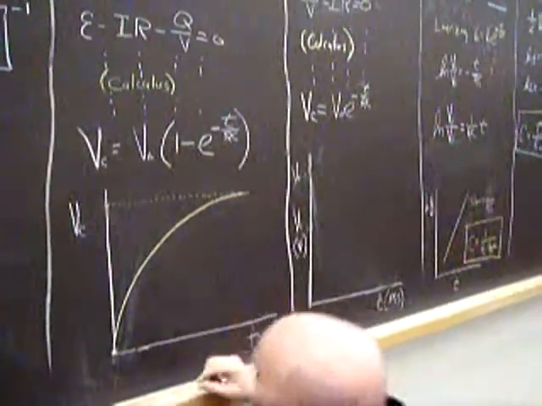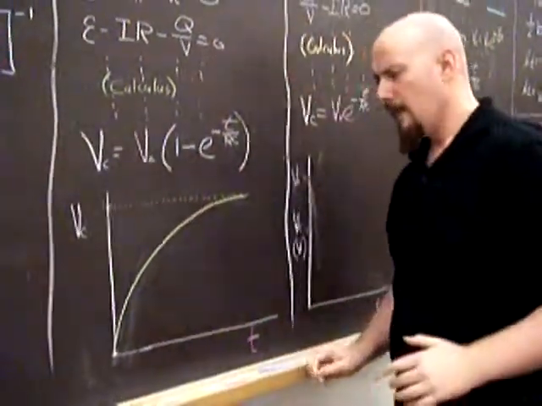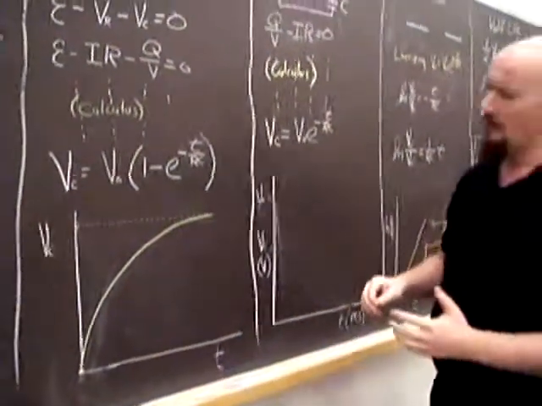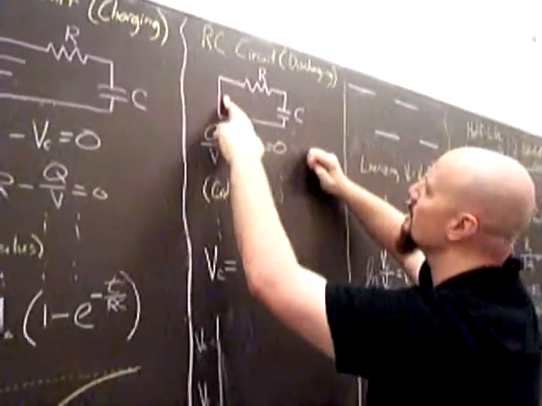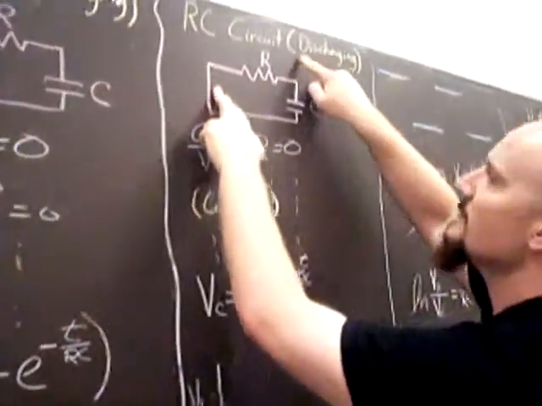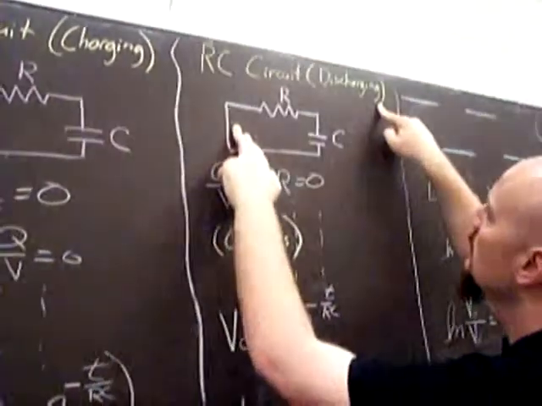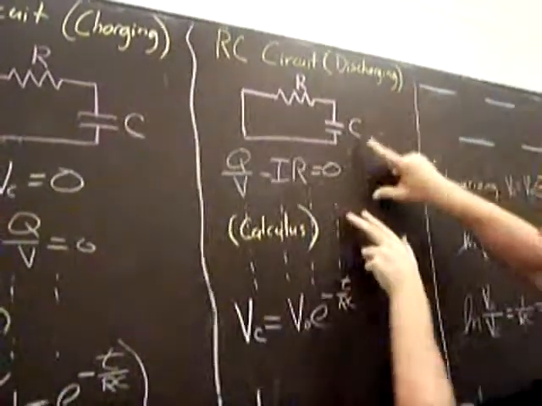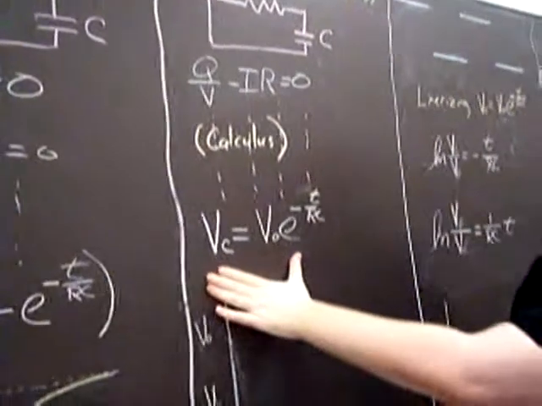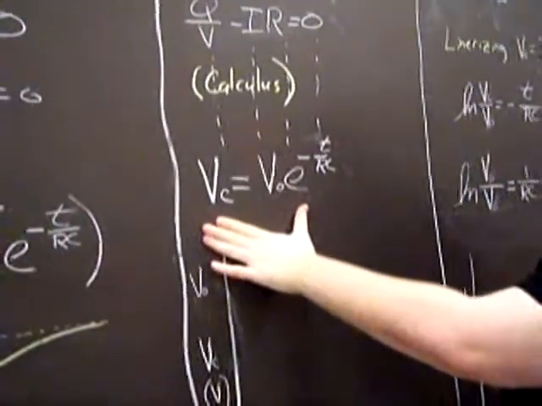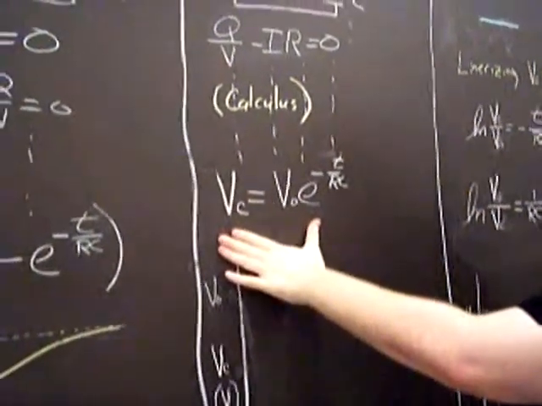All right, then suppose that we turn the battery off, we take away the EMF, and we get this circuit. In other words, the capacitor is now discharging. Once again, through the magic of Kirchhoff's law and calculus, we get this, the classic exponential decay formula.